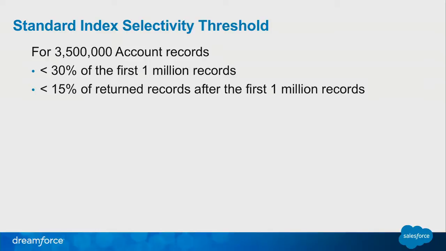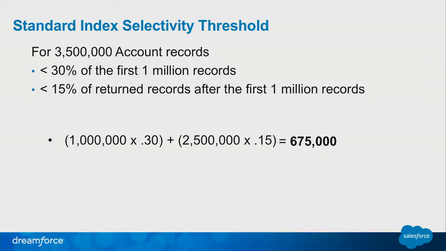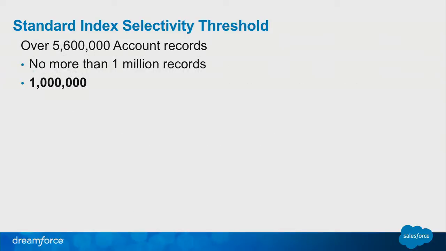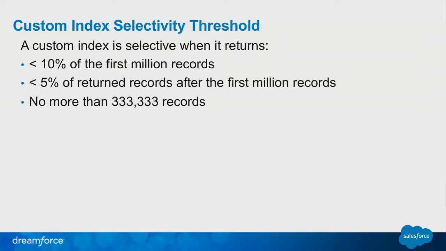Less than 30% of the first million records, and then less than 15% of the remaining records, which gives us a selectivity threshold of 675,000 records. Once you go over 5.6 million, you're capped out at the 1 million records. With the custom index, it's basically a third. The rules here are less than 10% versus 30, and 5 instead of 15, and you're maxed out at 333,000 records.